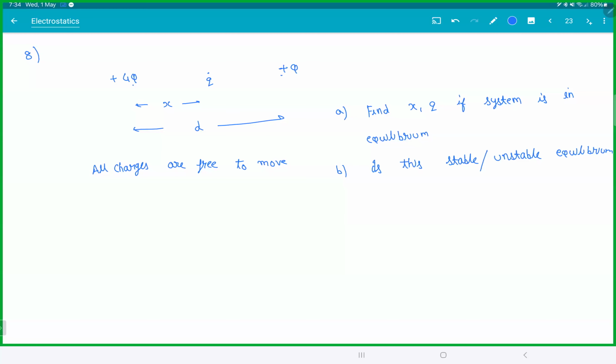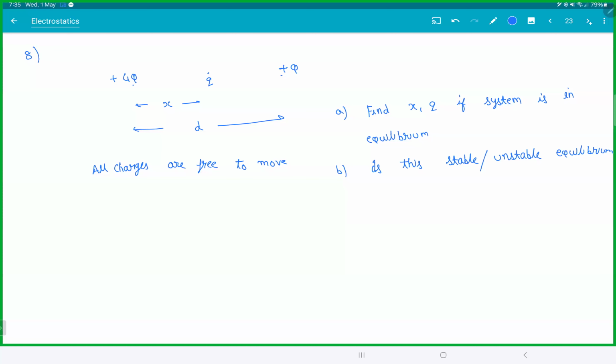Let's go. This is a standard one. Hmm, 2d by 3.